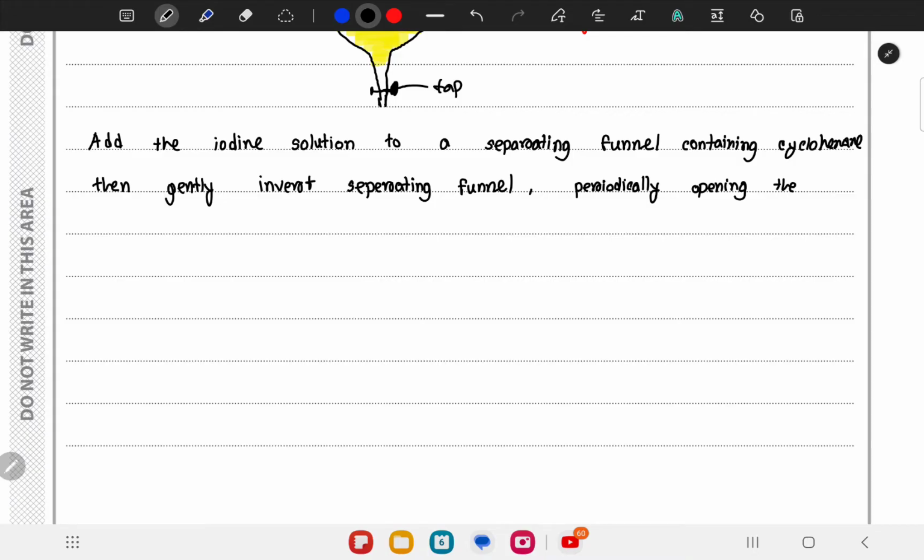Now we write about the tap, so we can write periodically or occasionally opening the tap.